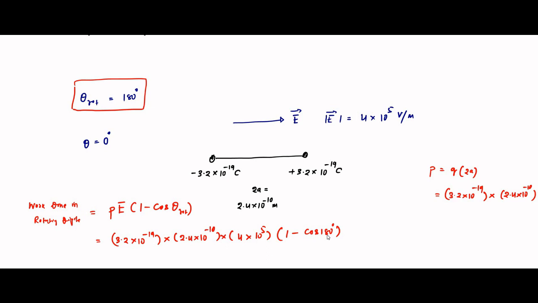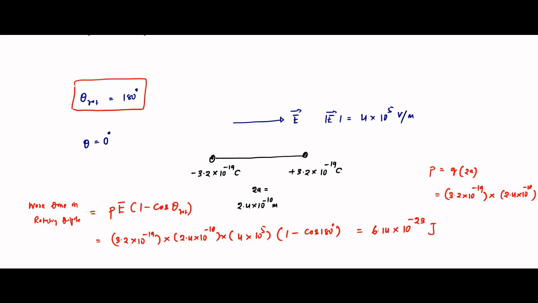Okay, so here the result is coming around 6.14 into 10 to the power minus 23 joules. This is the work done.